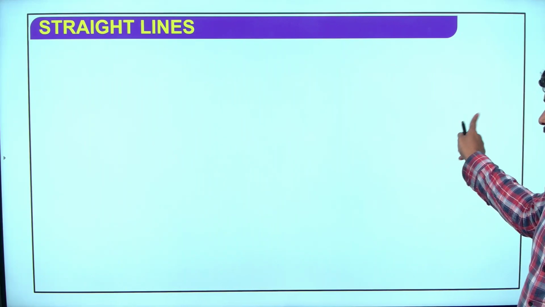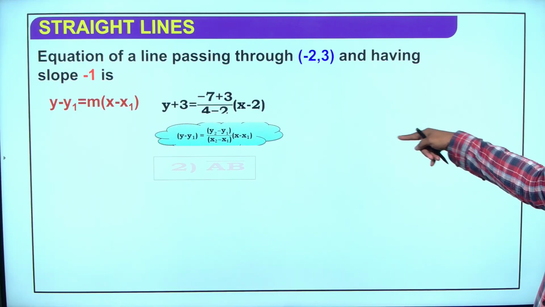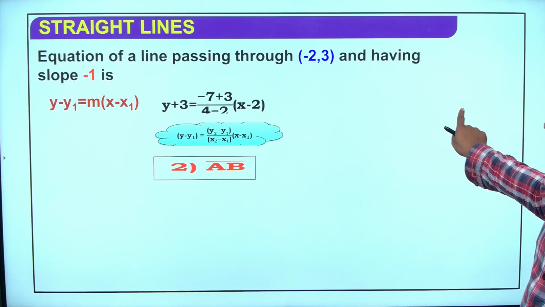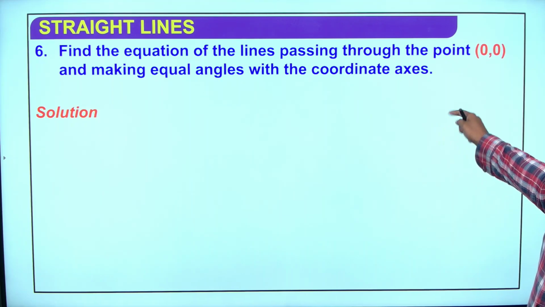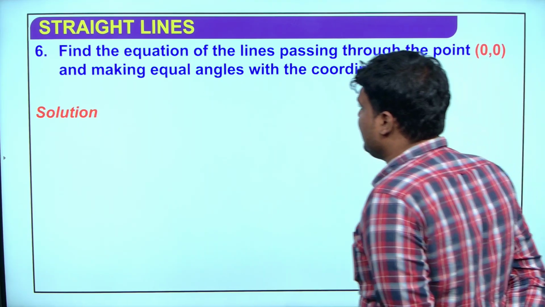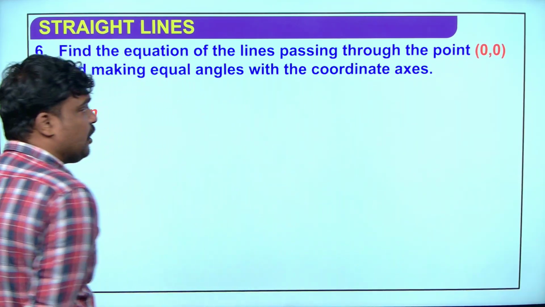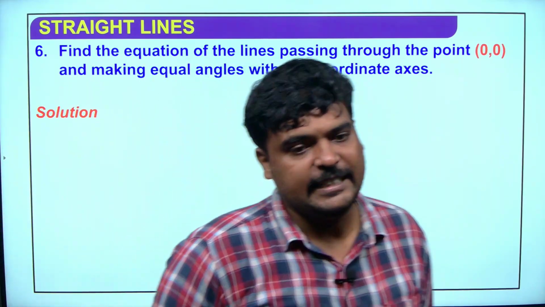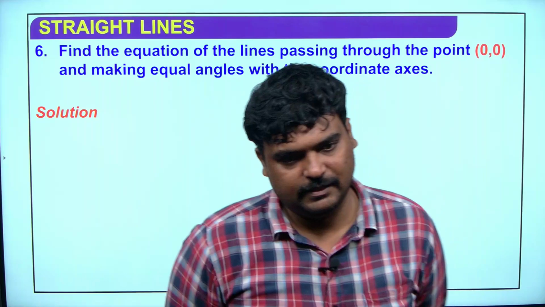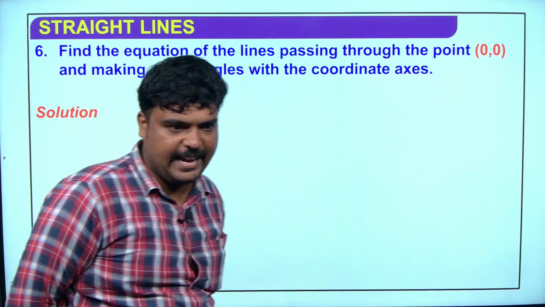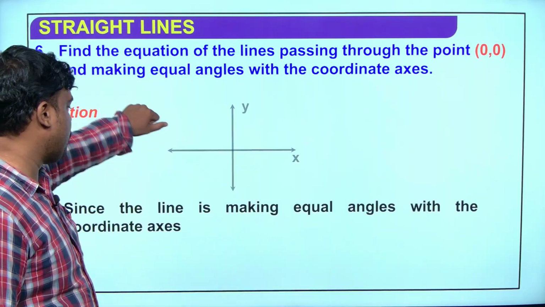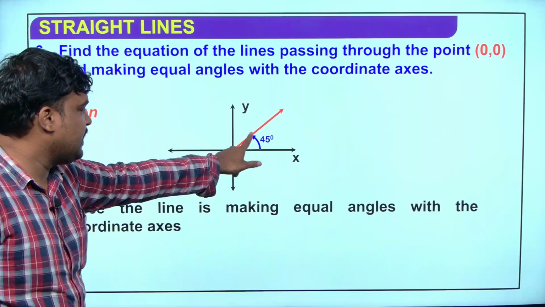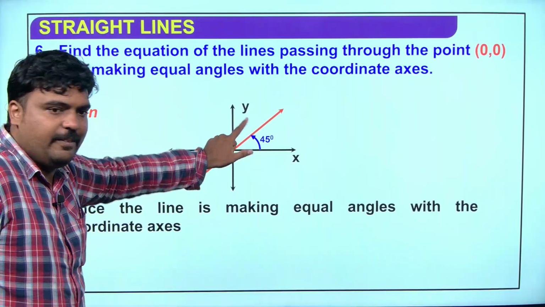Okay, you are saying the final answer, right? Is that okay? Okay. Find the equation of line passing through the point 0, 0 and making the angle equal with the coordinate axis. Guys, it makes an equal angle with coordinate axis. That is, for x-axis and y-axis, they are equal. If this is 45, then only this also will be 45.